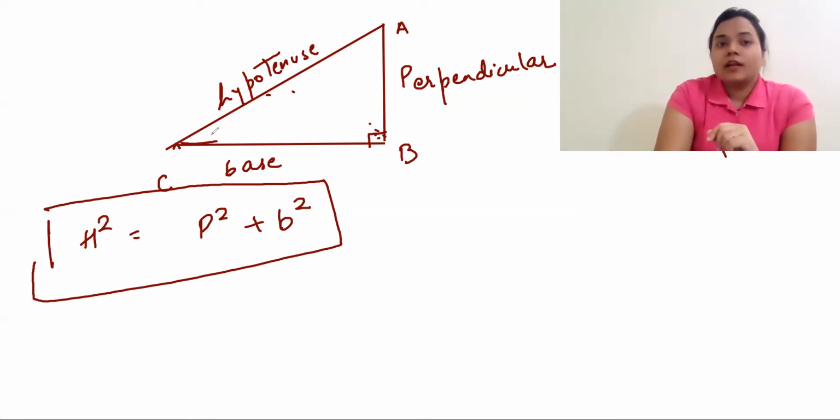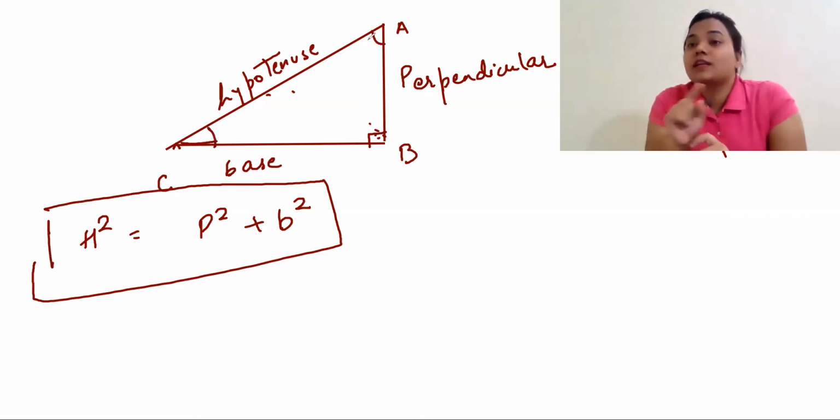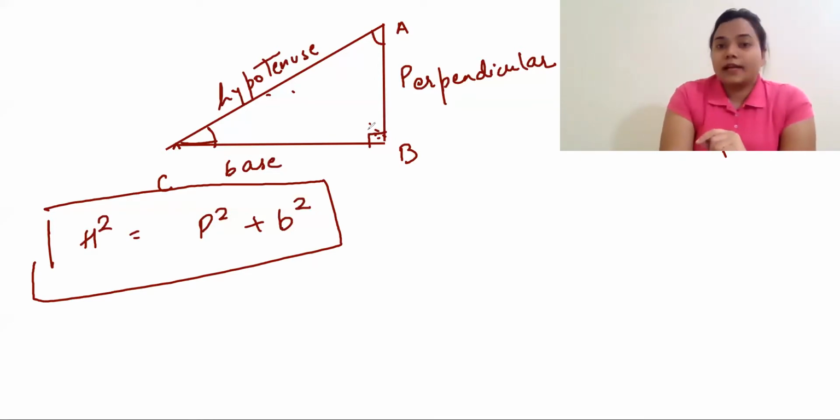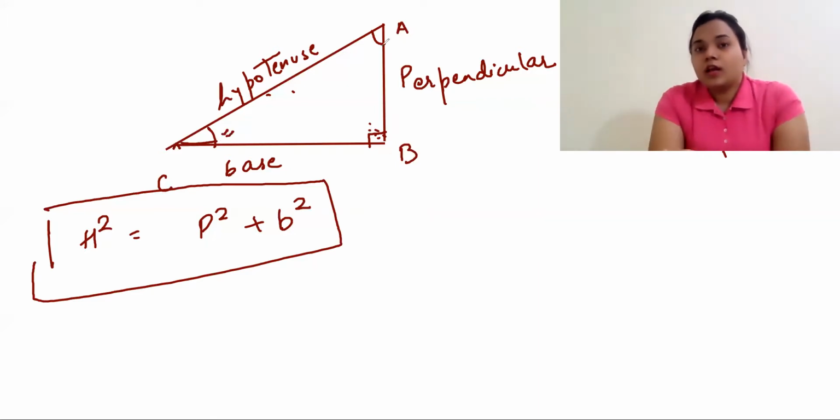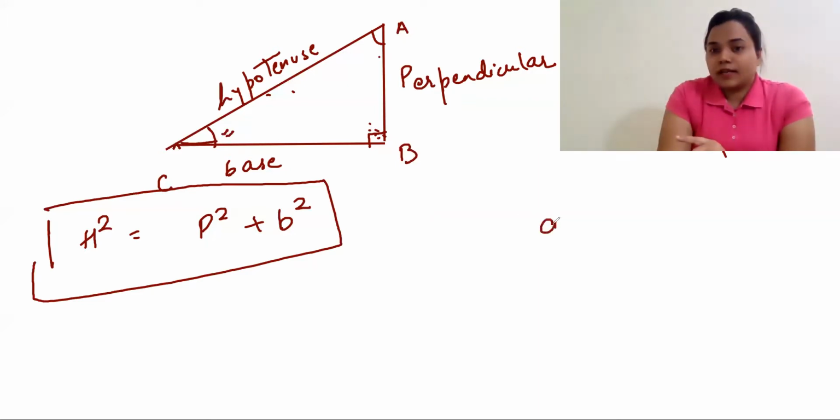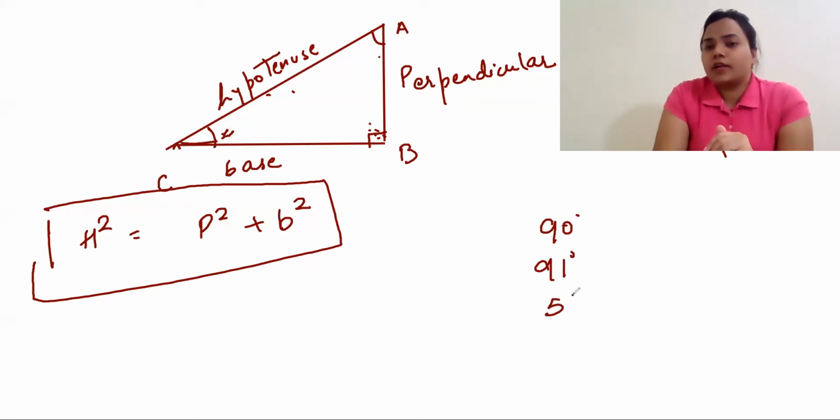This is 90. The rest two angles will be acute, meaning less than 90. Why can I confirm that these are acute angles? Suppose this one is 90, and if another angle is more than 90, it is not acute, it is obtuse. Let's say 91 degrees, and this one can be something like 50 degrees.